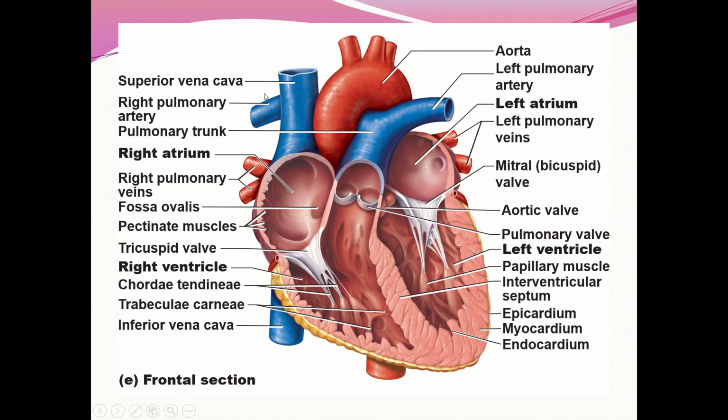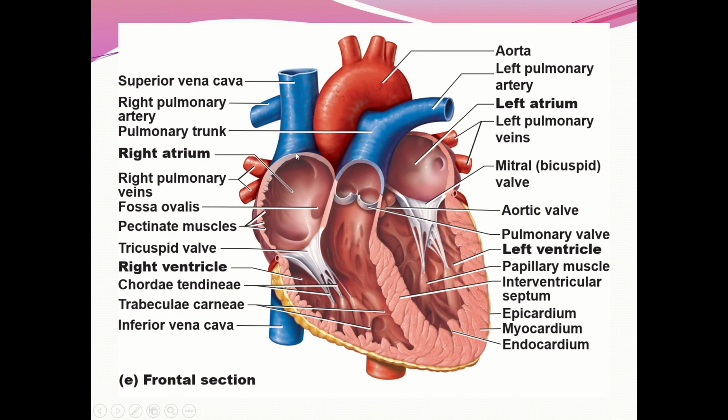When the blood is returning from the body tissues to the heart, it will return to the right atrium. Atrium means an entryway. So it will return to the entryway of the heart, the right atrium, from the superior and inferior vena cava.